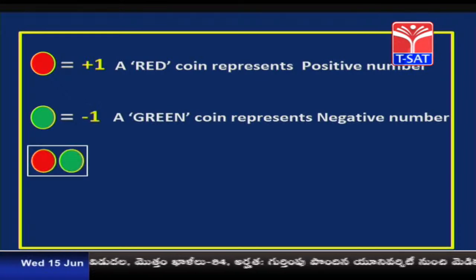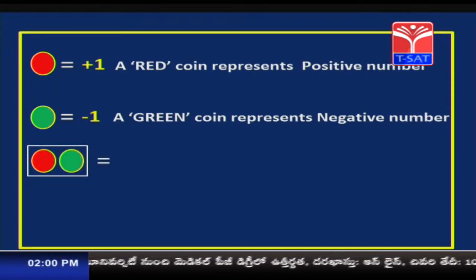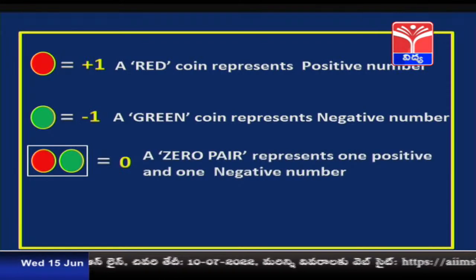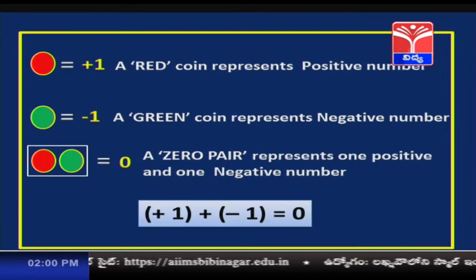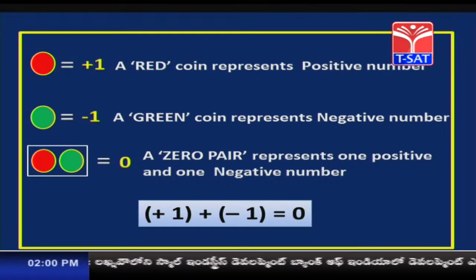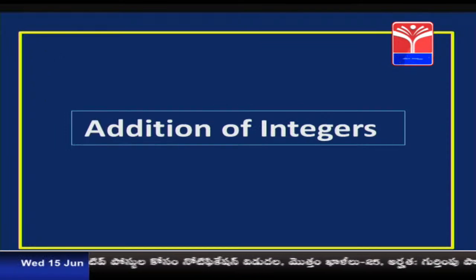And we have a pair of both red and green coin and we mark it as 0. A 0 pair represents one positive and one negative number, that is +1 plus -1 is always equal to 0. So, we call it a 0 pair. Now, let us learn about addition of these integers.